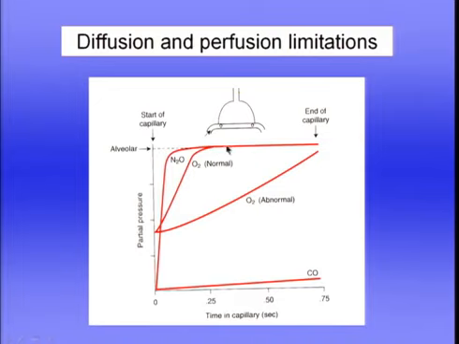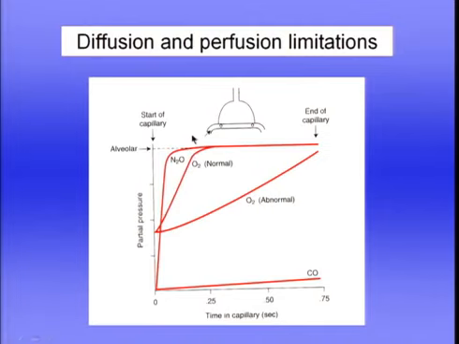And therefore, for the rest of the time that the blood spends in the capillary, there's no further increase in the PO2. So clearly under those conditions, the uptake of oxygen is perfusion limited, okay? In other words, it's already diffused to equilibrium here, so diffusion is not a limiting factor.